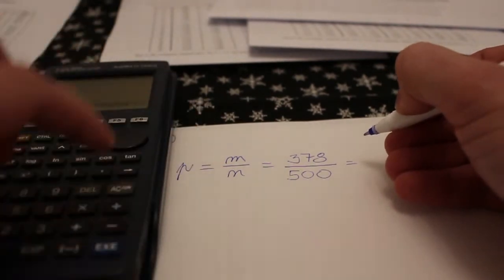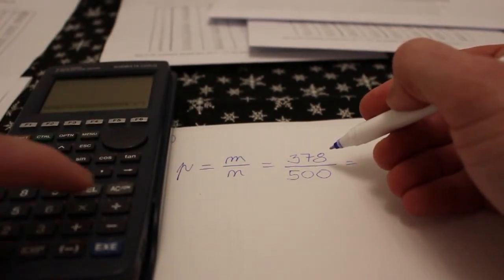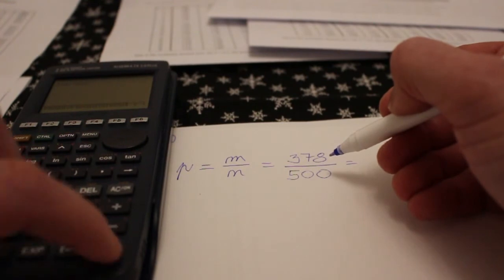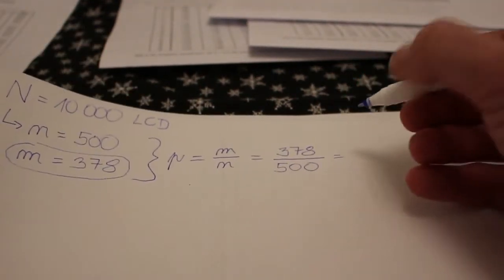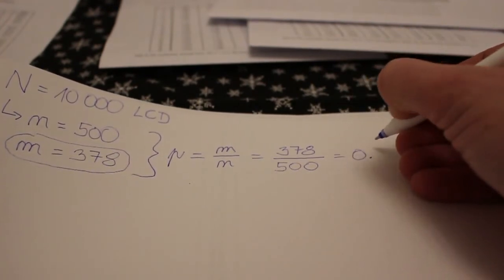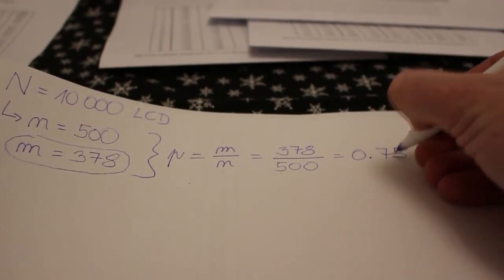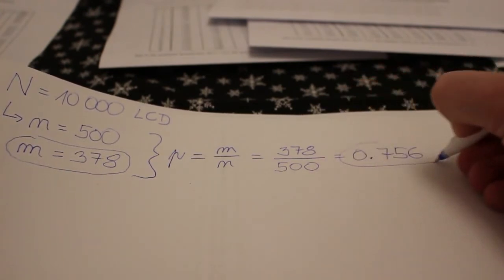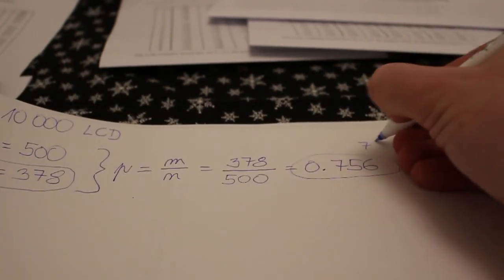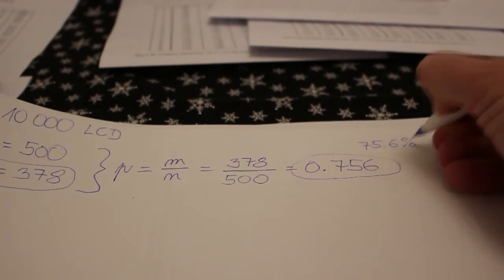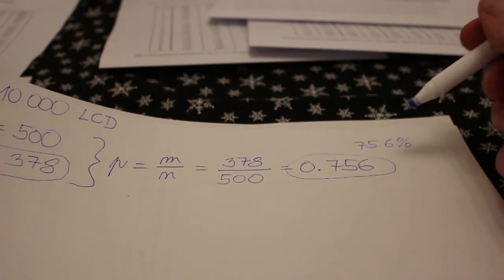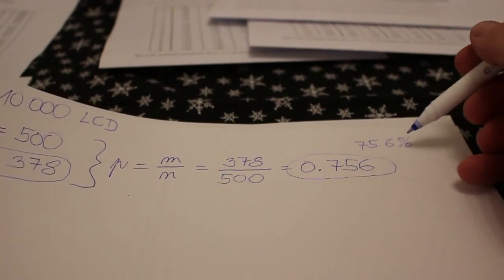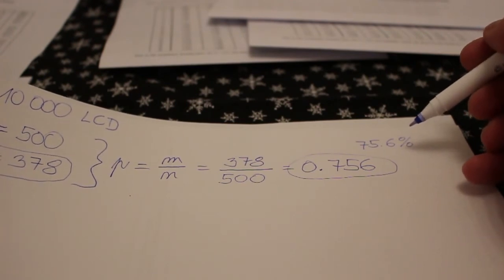So you can calculate 378 divided by 500, and this is the proportion in this sample, 0.756, 75.6%. So you selected 500 displays and more than 75% of them is all right. The rest is damaged.